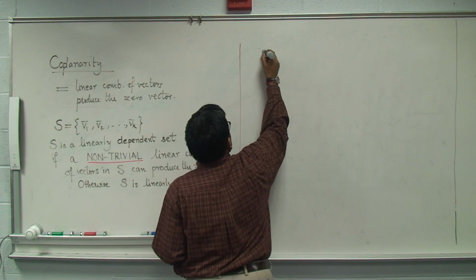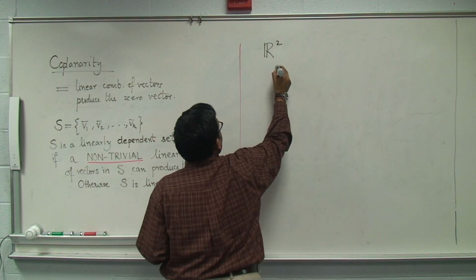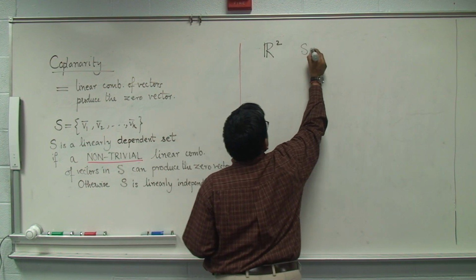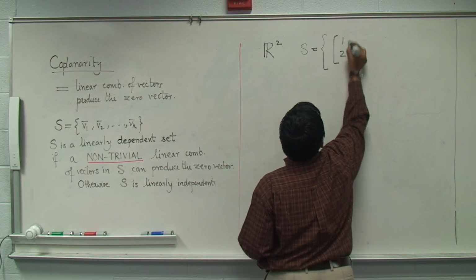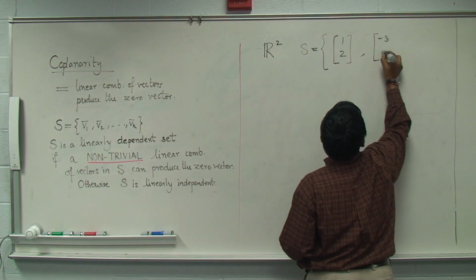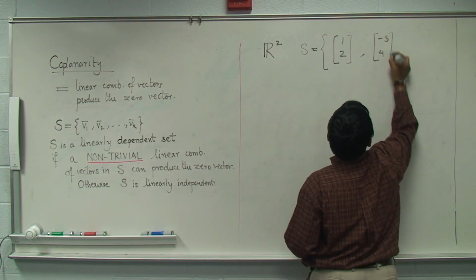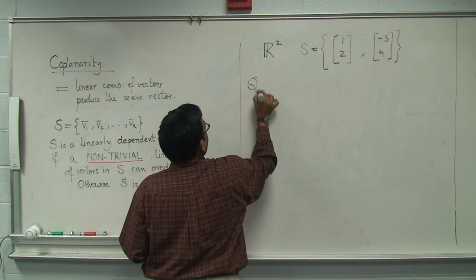Okay. So let us say we are in R2 as usual, and we are given a set of vectors S as, let us say, (1, 2) and (-3, 4). And we want to ask ourselves a simple question.